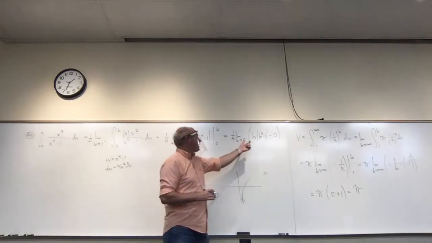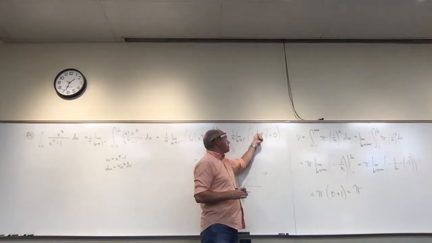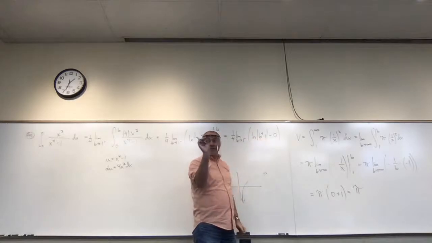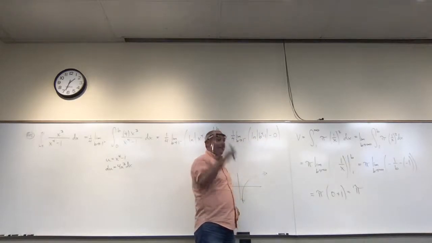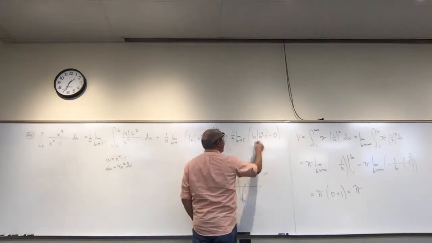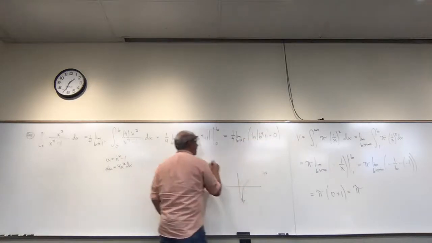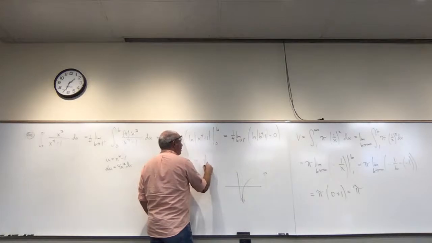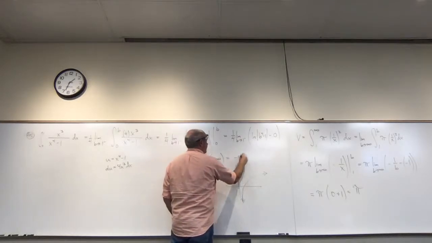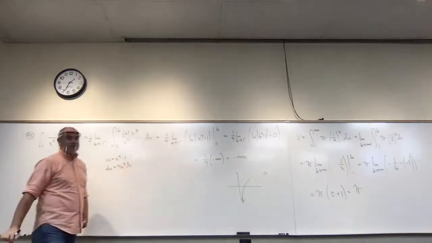So what's happening here is as b gets closer and closer to 1, this number gets closer and closer to being 0, but always positive. An ln of a positive number that's very, very tiny is very, very negative. So this thing becomes negative infinity. So I get 1/4 times, so to speak, negative infinity, which is negative infinity, and this thing diverges.